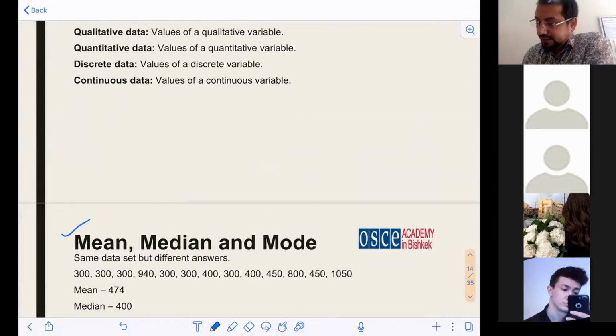We have $300 a month, $940 a month, $400 a month, $450 a month, $800 a month, $450 a month, and $1,050 a month. So we have different salaries of different employees.